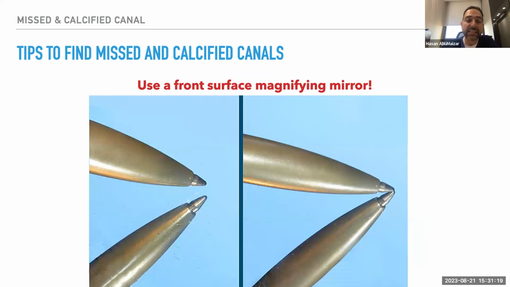If you can see any space between the object and the shadow of it, then this is not a front surface mirror. It has a shadow. The front surface mirror is like you can see on the right side, the object that you've placed should be exactly pinpointing at the shadow of it, at the reflection.